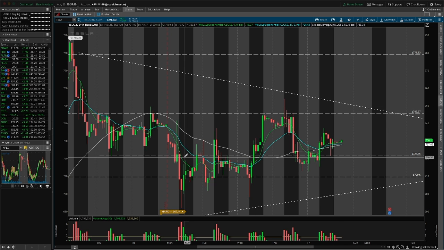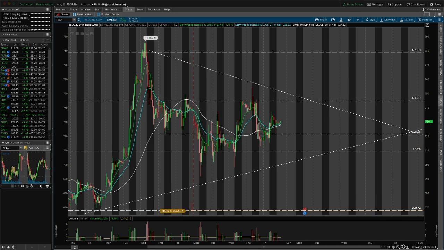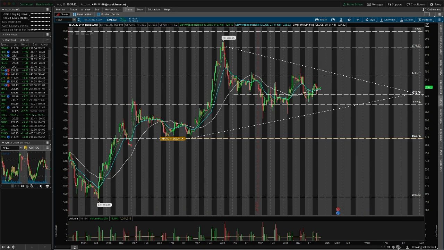If we break below 720, my profit target, and my one and only profit target, is going to be 710, or even honestly maybe 700. That's my second profit target. 700, 710, then 700.